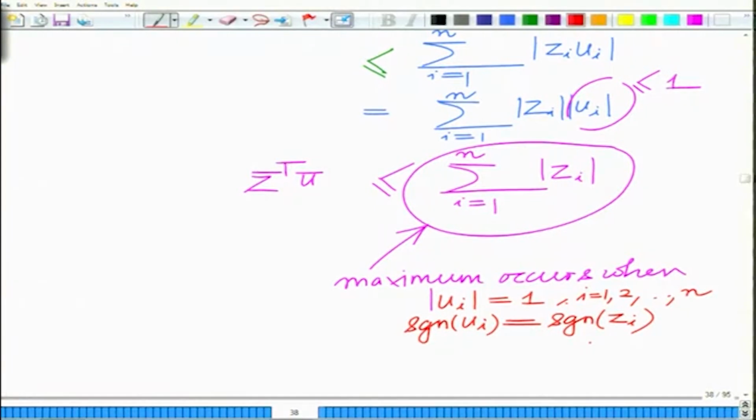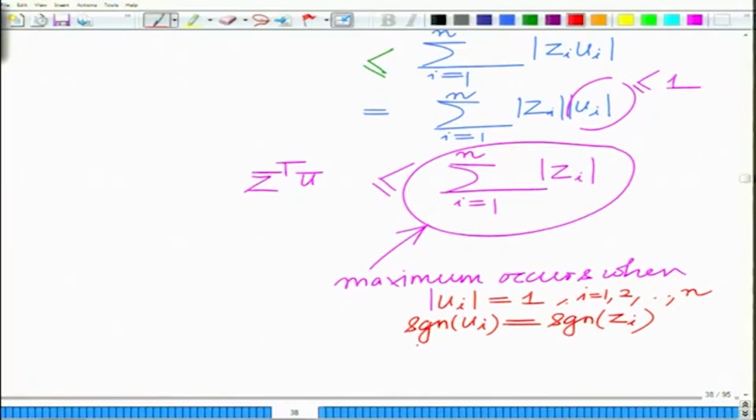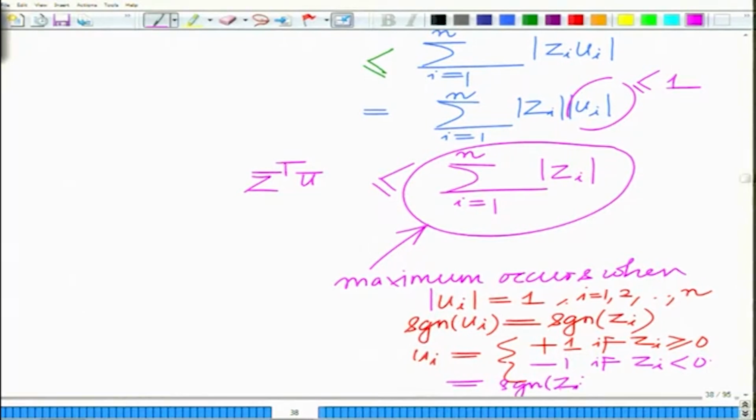That is what you are doing: if zi is positive, you are setting ui to be plus 1. If zi is negative, you are setting ui to be minus 1. That is, ui equals plus 1 if zi is greater than or equal to 0, minus 1 if zi is less than 0. That is, ui is basically equal to, you can say in some sense, the sign of zi.